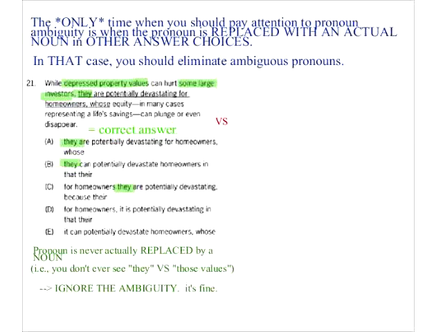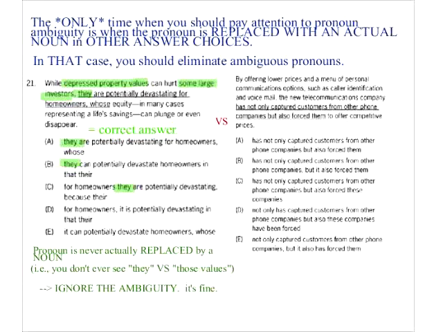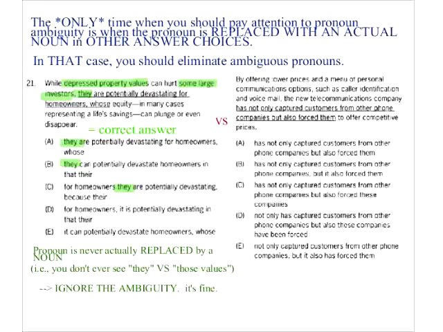That's this one. Notice in this case you actually have a replacement.